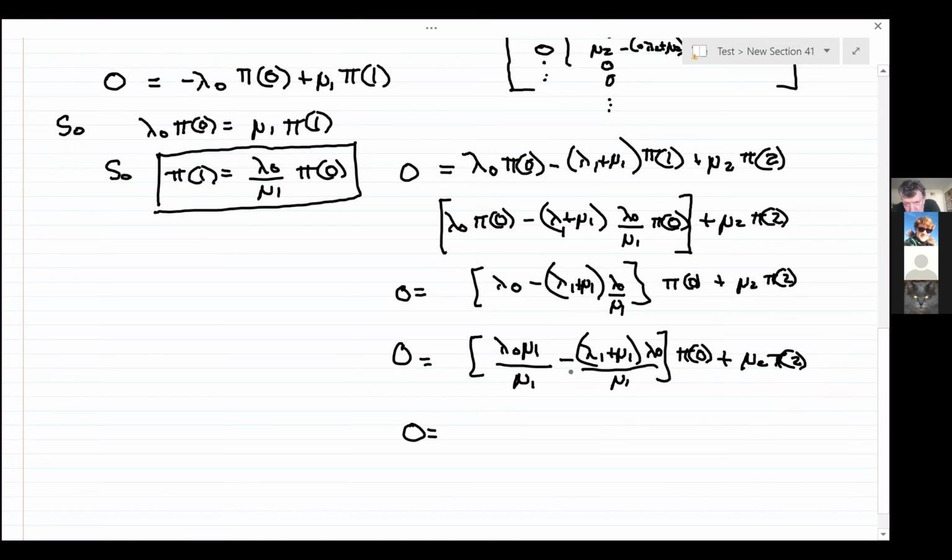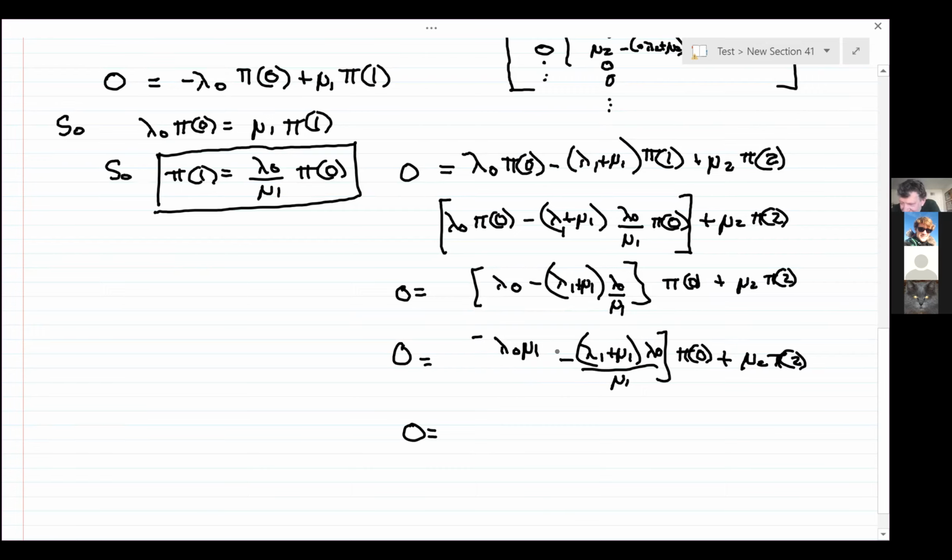When you subtract the fractions, notice that we have lambda 0 mu1 over mu1 here, but we also have lambda 0 mu1 over mu1 here, and it comes with a minus, so those two nicely cancel. Oh goodness, shouldn't have even tried.